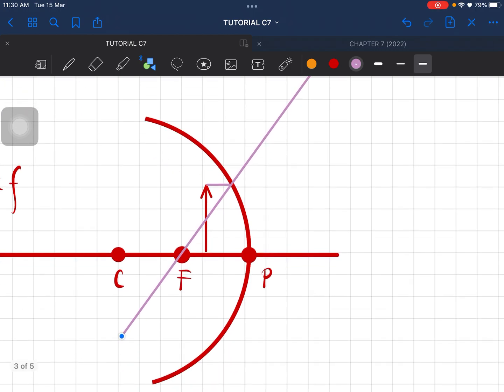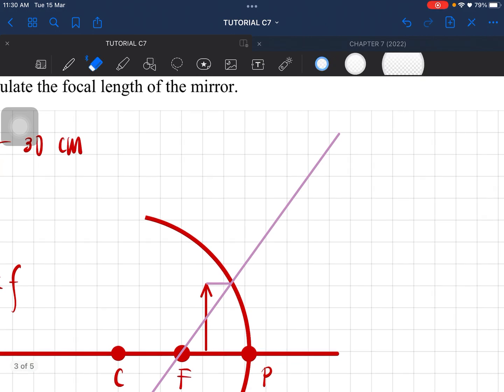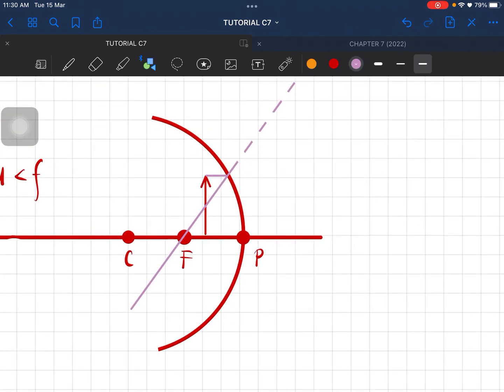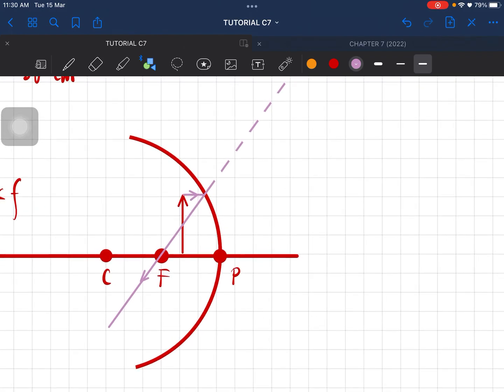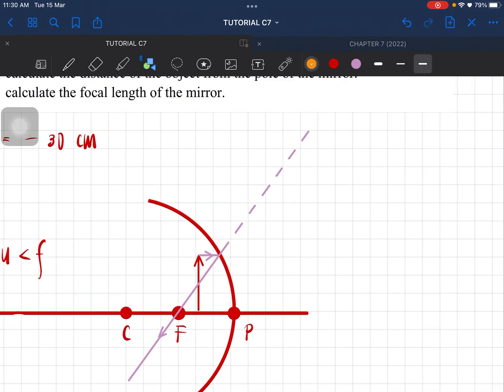This is not going to be a solid line, because this is behind the mirror. Next, we draw the second ray, which goes from the top of the object through the center of curvature, also reflected back.